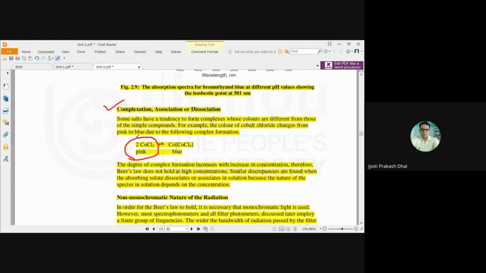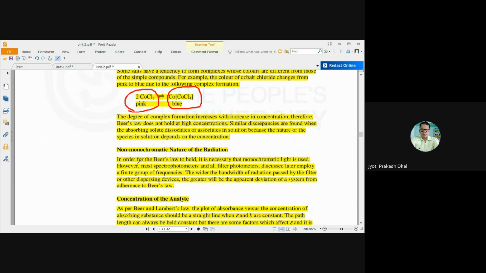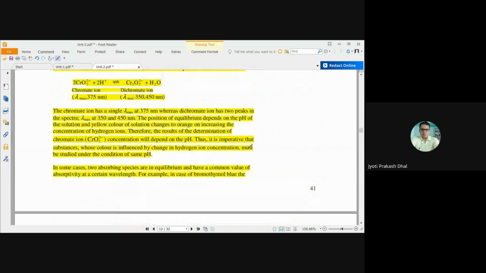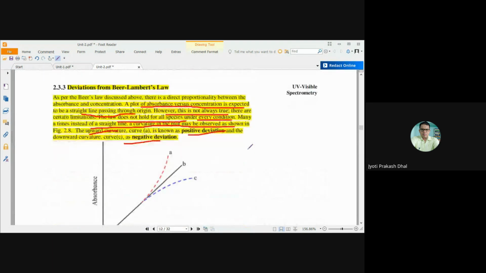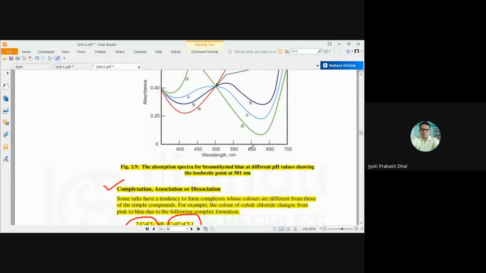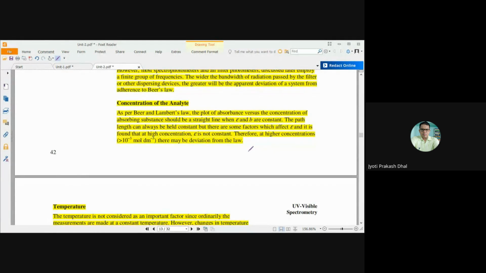Cobalt chloride is blue in color, but in solution it undergoes association to form a tetrachloro cobalt complex, which will be blue in color. Similarly, if the radiation is non-monochromatic, then this type of deviation will be there. The deviation may be positive or negative.